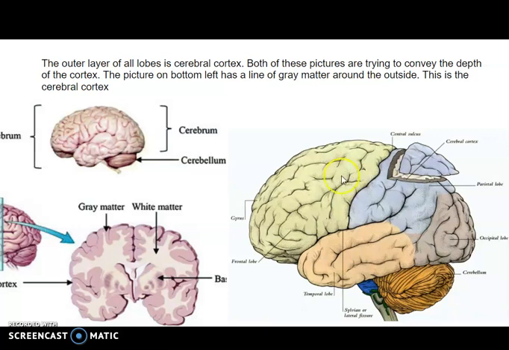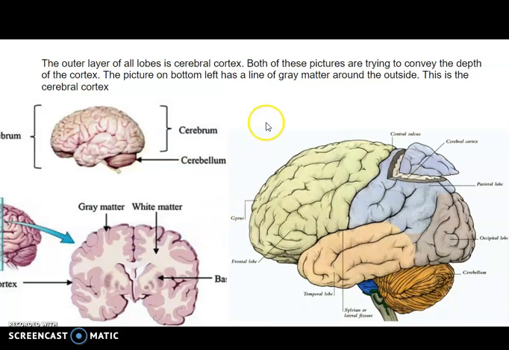The easiest way to see it is right here on this cross section. All the pink up here at the top, it's actually not pink in real life, it would be gray. That is gray matter, and that would be your cerebral cortex. And then underneath it, you would get to the white matter. That's more the part of the brain as well. All right. I just wanted to have some diagrams for you to see there.